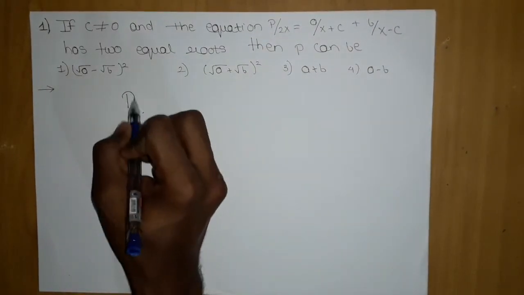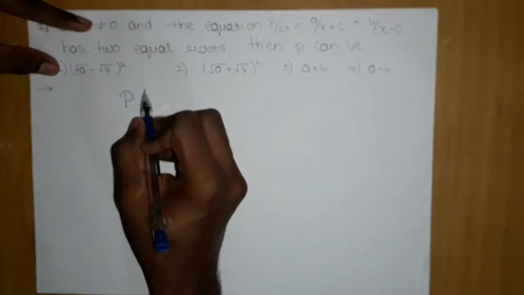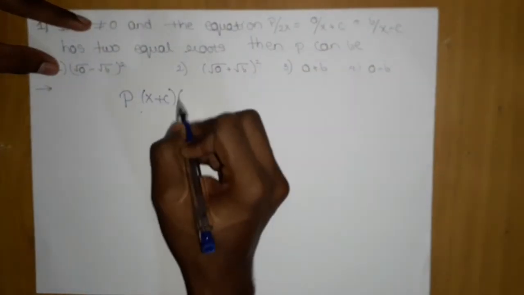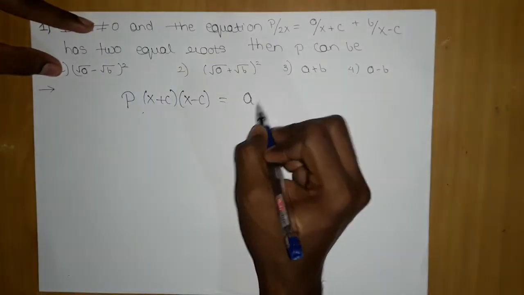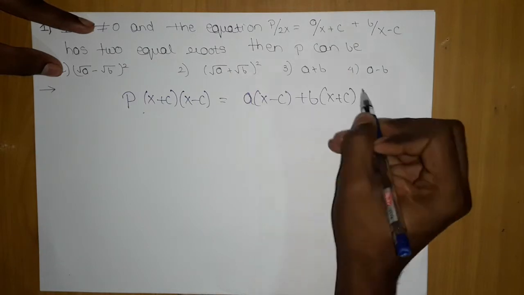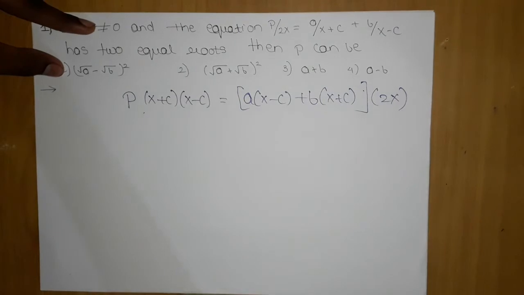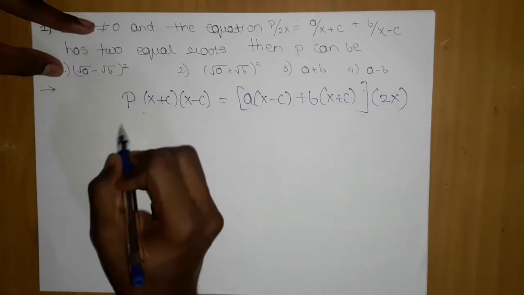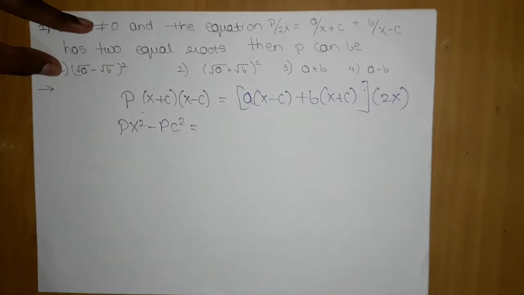So I'm solving: it is p into x plus c into x minus c. I'm multiplying it by a into x minus c plus b into x plus c. Now I will multiply this by 2x. Moving on, this is a square minus b square, and when I multiply it, it will become this thing.